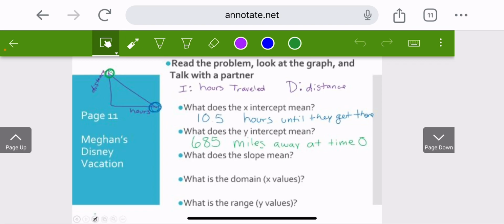So if we were just counting boxes, I can see how you get that. But I don't want to count boxes. See if there might be another tool we can use to find it. Looking for a slope. 5 miles per hour.